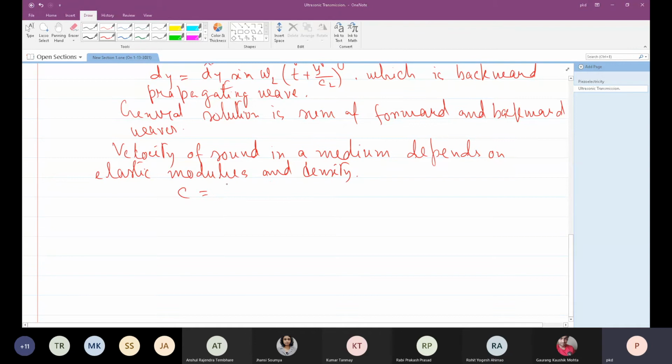So that is C is equal to the square root of the elastic modulus epsilon by rho.